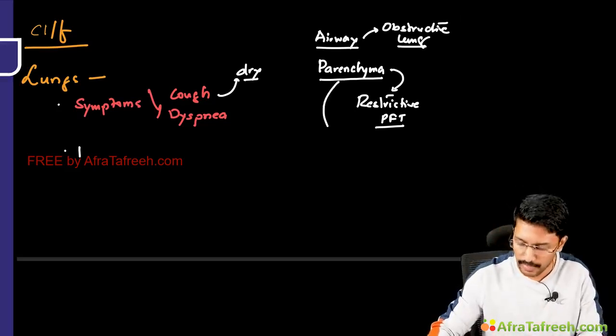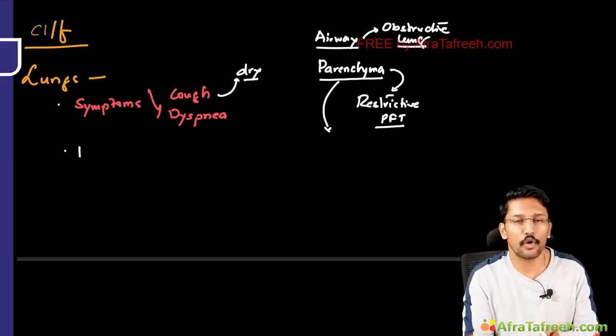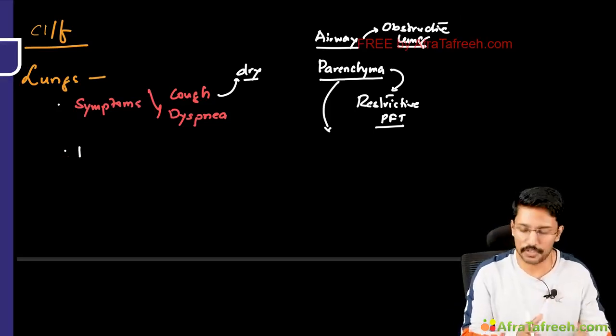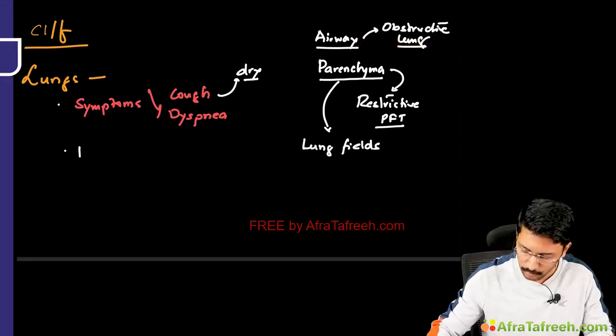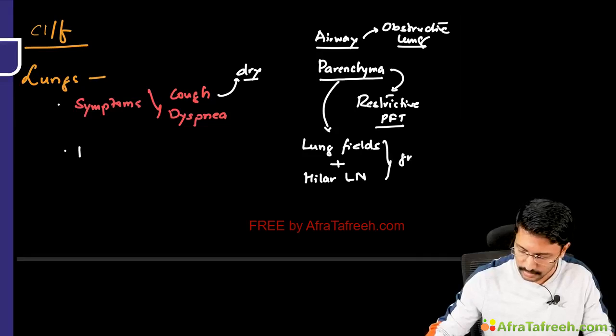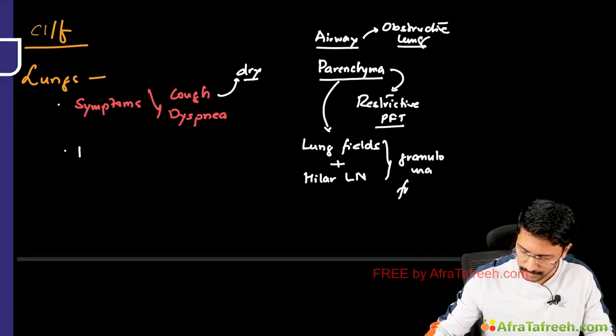This restrictive picture is because in the parenchyma, basically there are granuloma formations in multiple locations. So what are the locations? Well, lung fields typically affected, plus there are also hilar lymph nodes. In both these places, there is granuloma formation, and this may be evident on the chest X-ray.